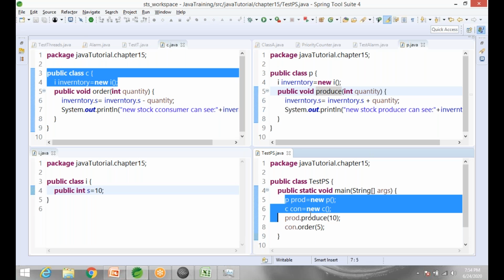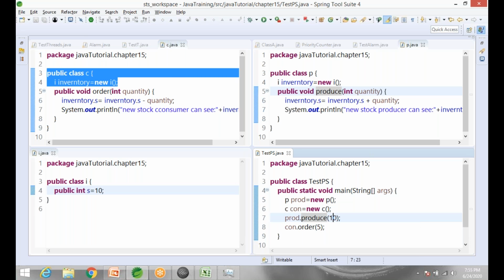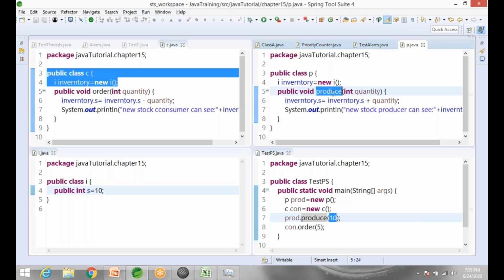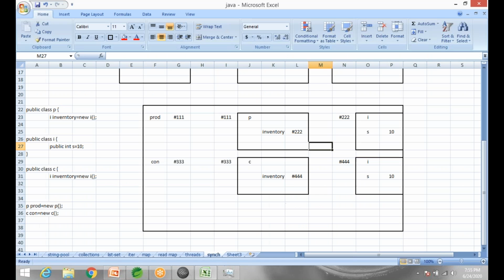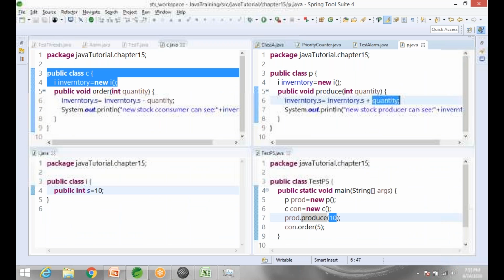Now, when the producer produces 10, you're basically saying, in the producer object, from inventory, get me the stock and add 10 to that. So where will you end up changing to 20? The same thing goes for consumer.